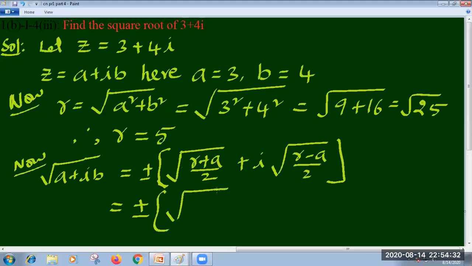here, r value is 5 and a value is 3. So under root 5 plus 3 by 2, plus i under root 5 minus 3 by 2.